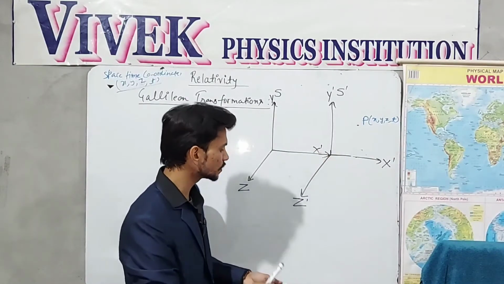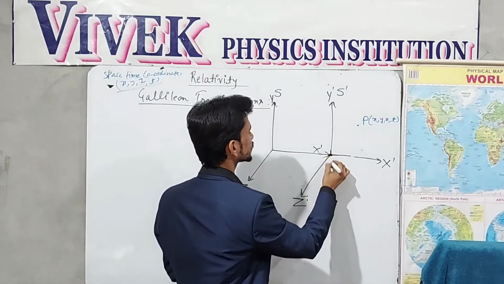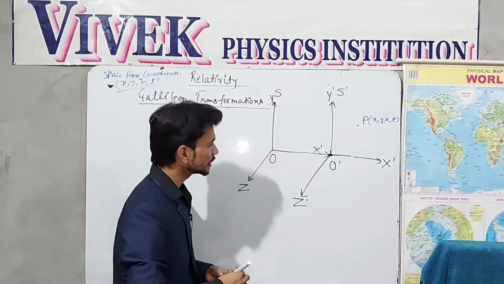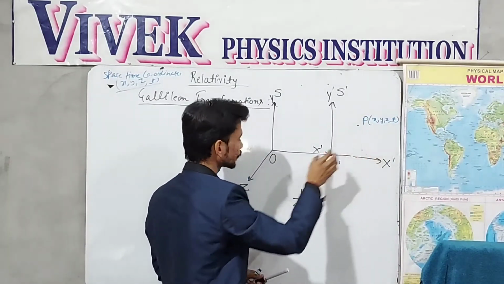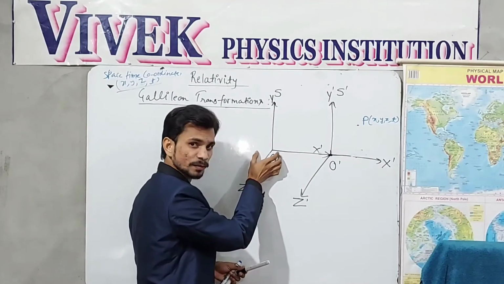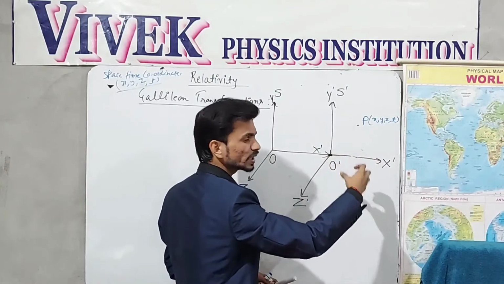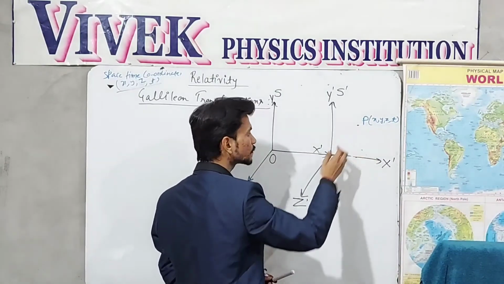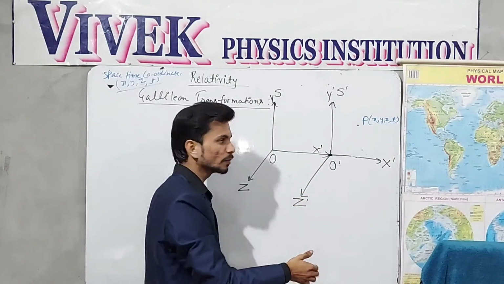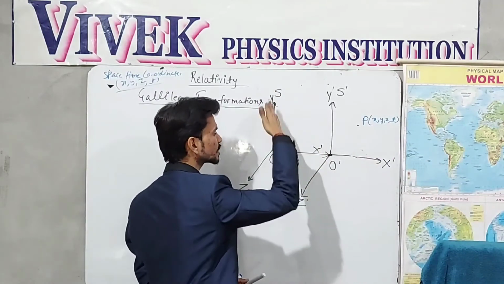Then if an observer situated at the origin of this frame of reference, let's say O dash, and the origin of the first frame of reference is O, then the observations of the location of this particle P from this frame of reference will differ, because it is moving with velocity v with respect to the first frame of reference.